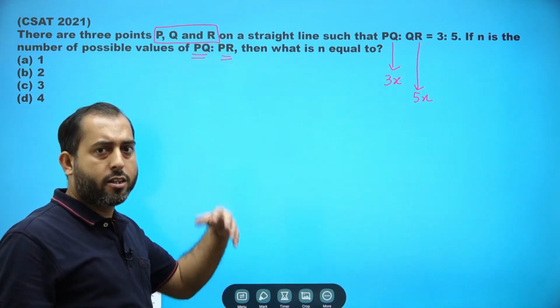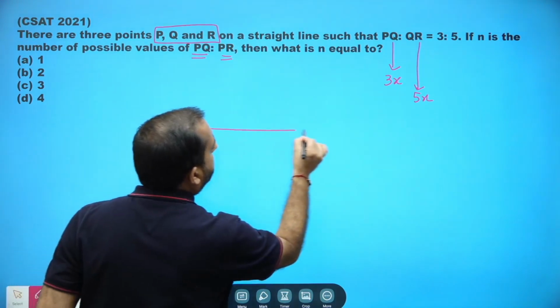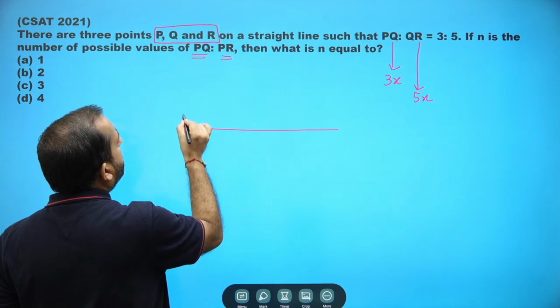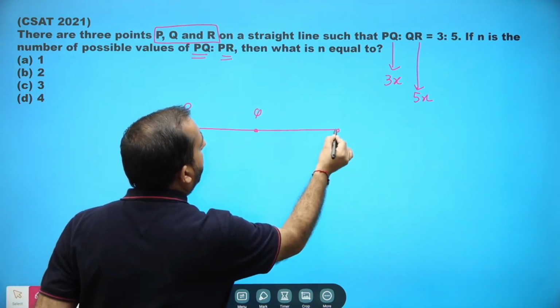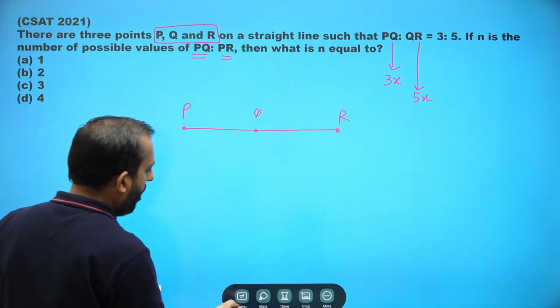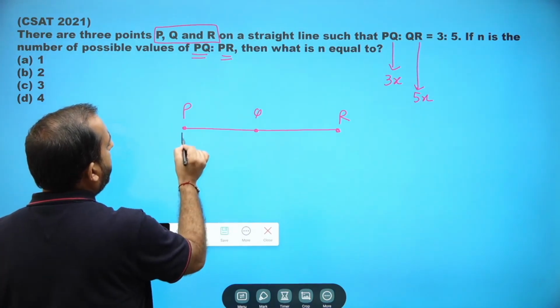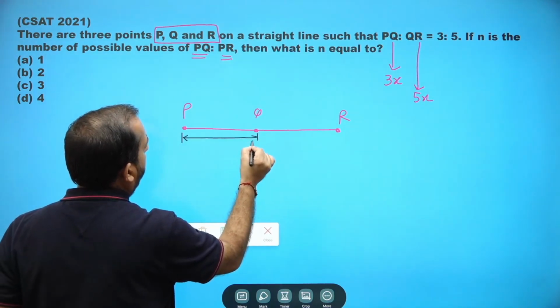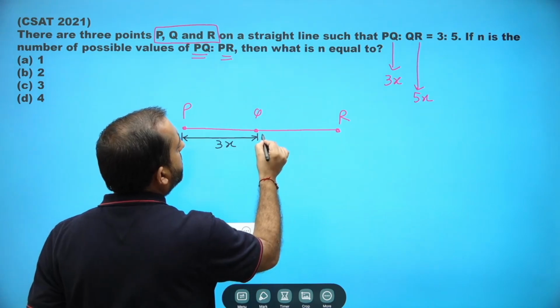So let's assume the positioning first. Let's say on the line P was present first, then Q, and finally R. I know the distance between P and Q is 3x and the distance between Q and R is 5x.